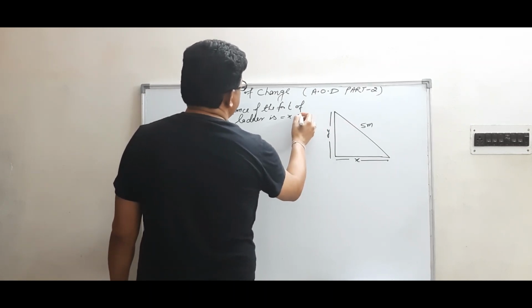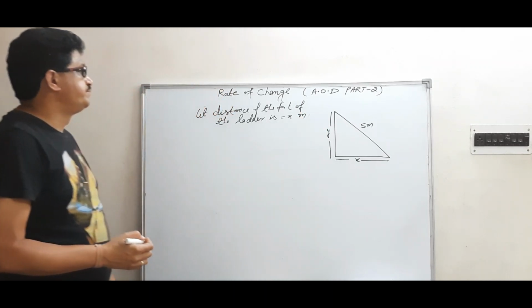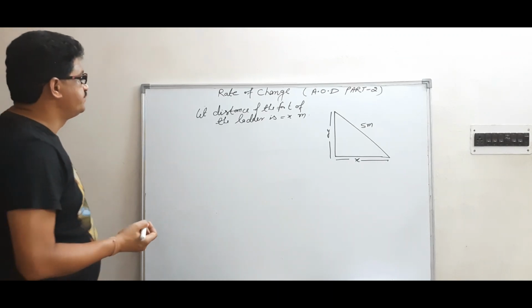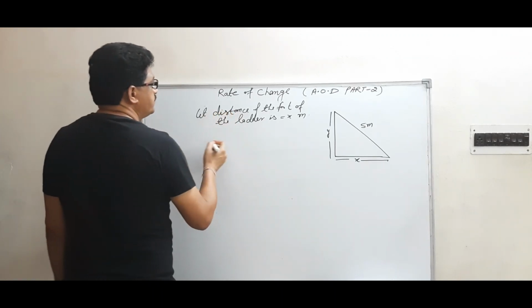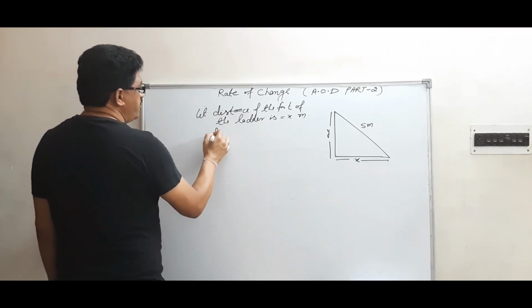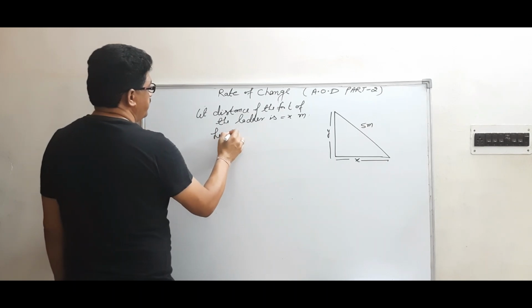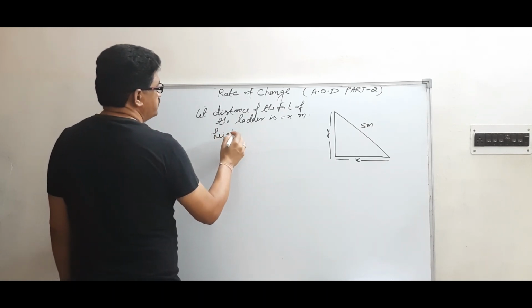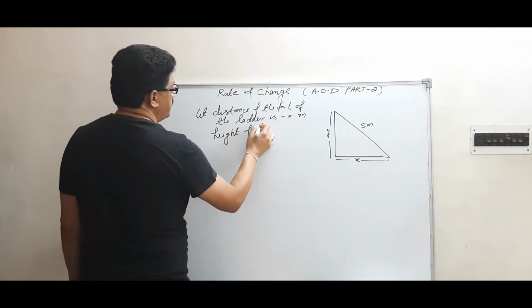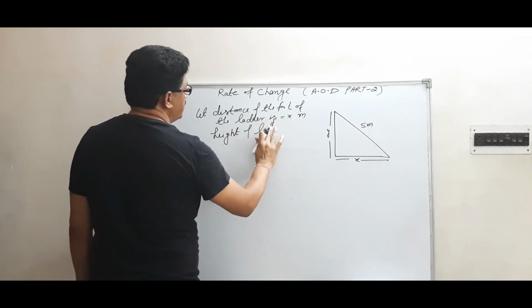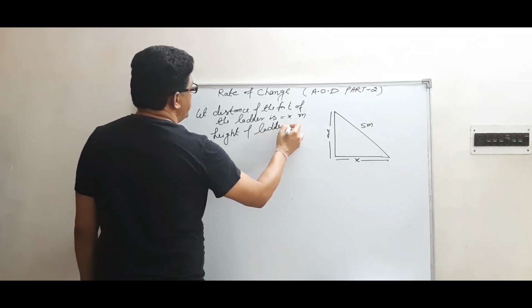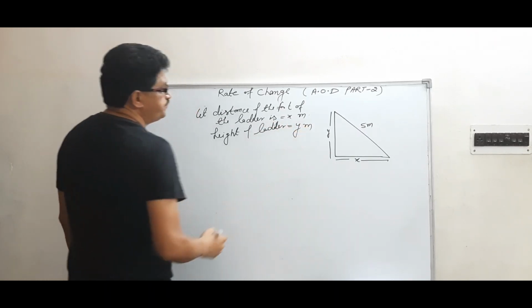Length is given in meter, so you can write in meter. The distance of the foot of the ladder is x meter. And height of the ladder is y meter.